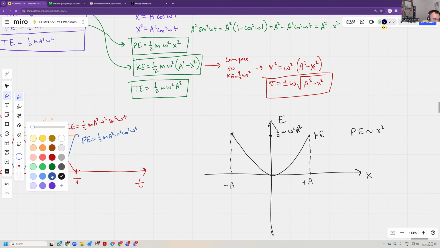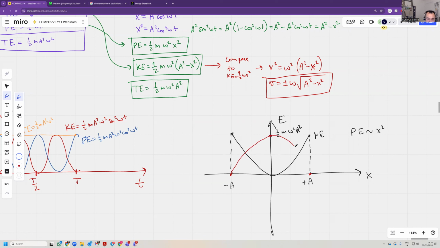Now we're using a blue color for kinetic energy. Oh no, red. Red color for kinetic energy. And kinetic energy is 1/2 m omega squared times A squared minus x squared. So here it's maximum, and here it's just 0. So that's like this. So that's the kinetic energy, which is equal to 1/2 m omega squared times a squared minus x squared, if you draw the graph.